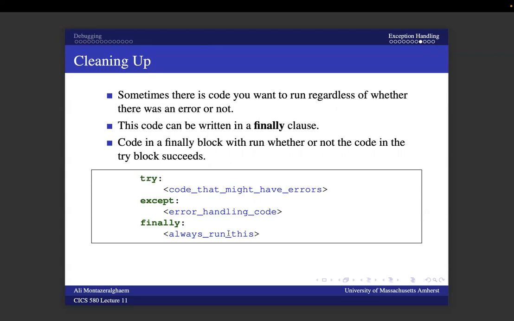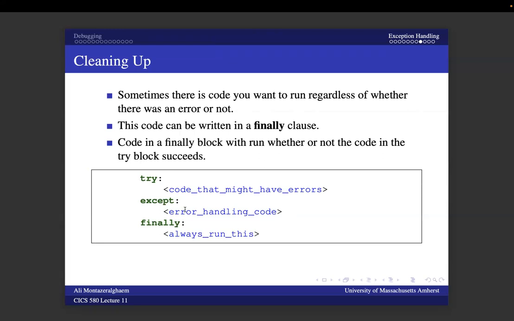For example, as a simple example, if you are trying to divide one number by 0 and printing the value of this division. In the try block, you have printing i divided by j, and if j is equal to 0, we are getting the exception or error.